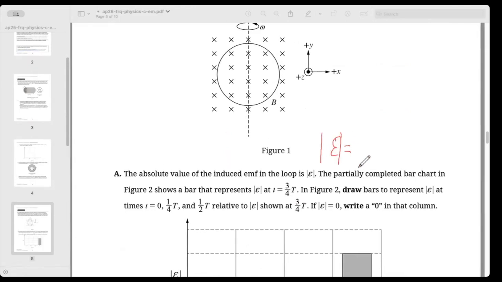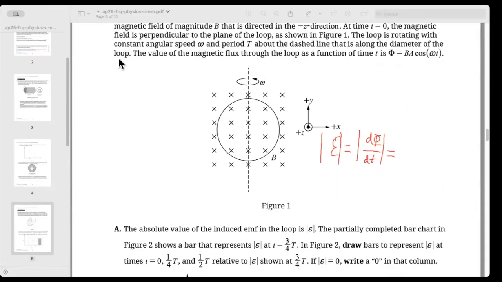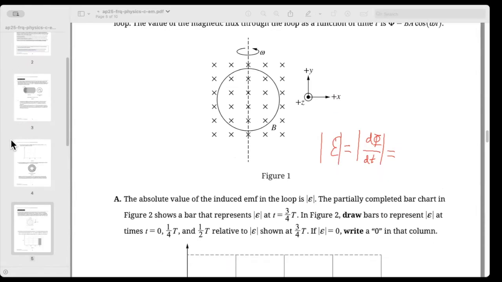So that's going to be given by the magnitude of the derivative of flux, and we're already told flux is BA cosine of omega t, which means that you're just going to get omega BA sine of omega t, just like that.